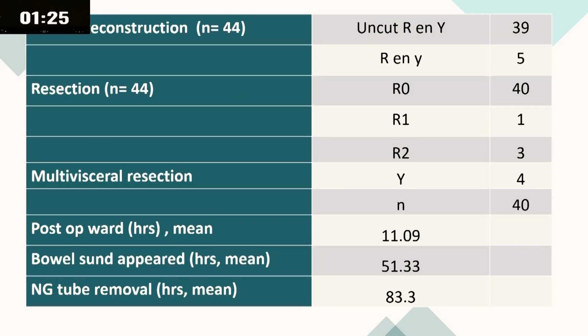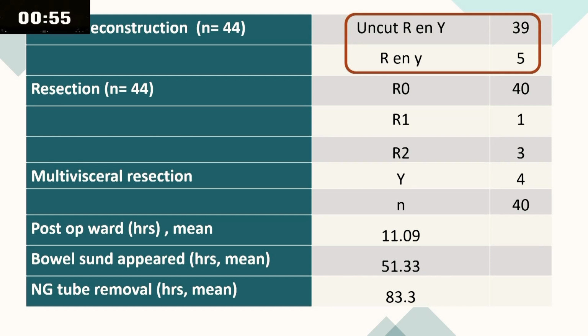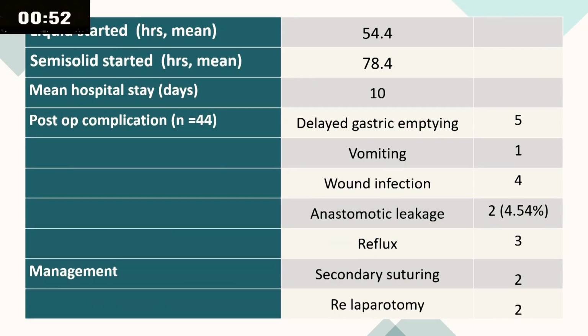Gastric reconstruction, uncut Roux-en-Y was 39, and 5 were Roux-en-Y. R0 resection in 40 cases, R1 resection in 1 case, and R2 resection in 3 cases. 4 patients had multivisceral resections, and the postoperative ward stay, mean stay was 11 hours. Bowel sound appeared, mean hours were 51.33, NG tube removal mean time was 83 hours, and we took these 44 cases.